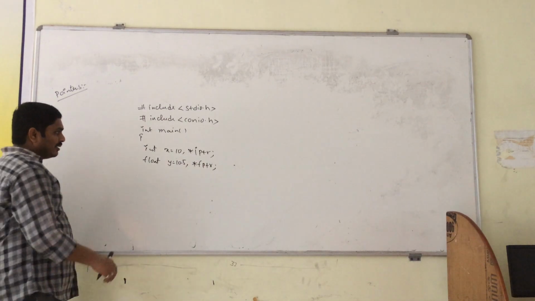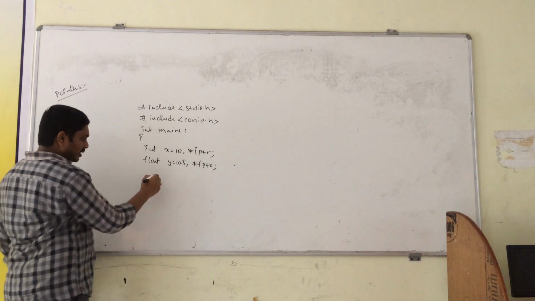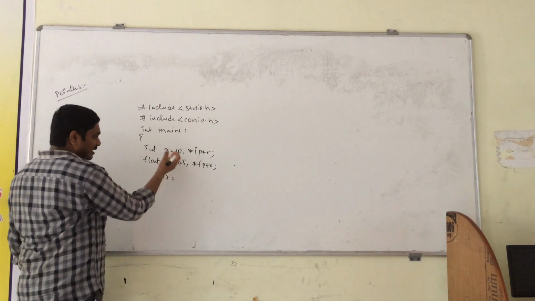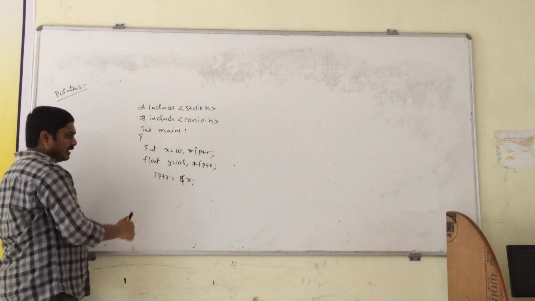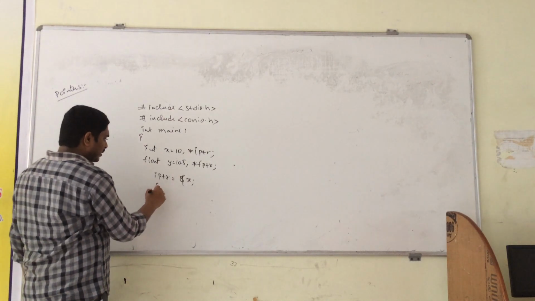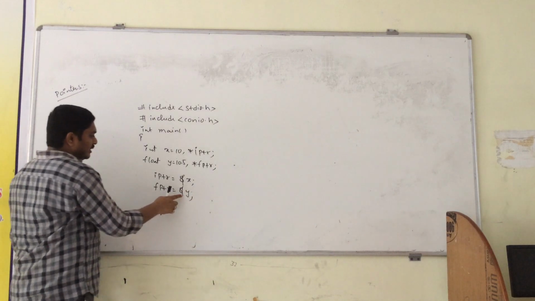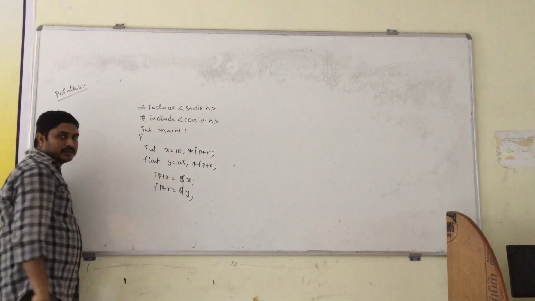Now I am storing the address of the integer variable into the integer pointer: iptr = &x. In a similar way, fptr = &y. Here y is the float variable whose address is stored into the float pointer.